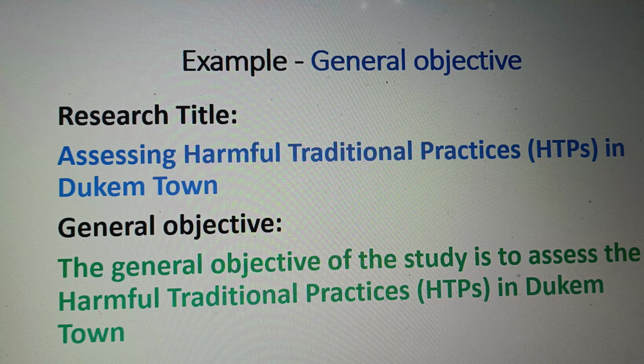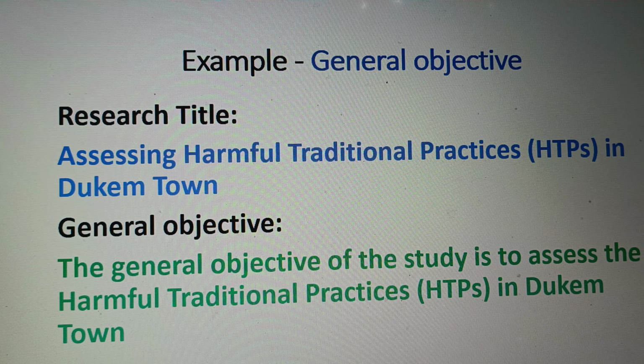The possible general objective for this research title might be: the general objective of the study is to assess the harmful traditional practices in Dukem Town. It is put in general terms, and is almost a reflection of the research title.